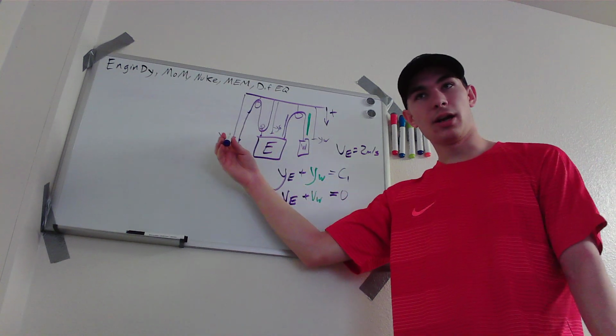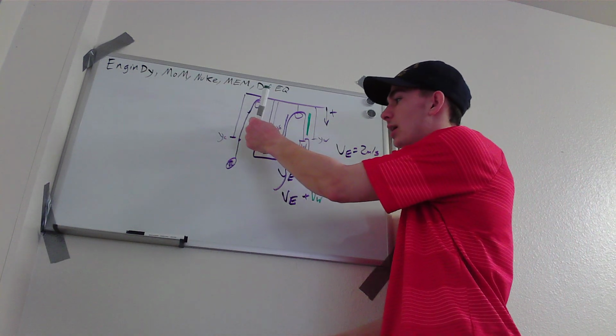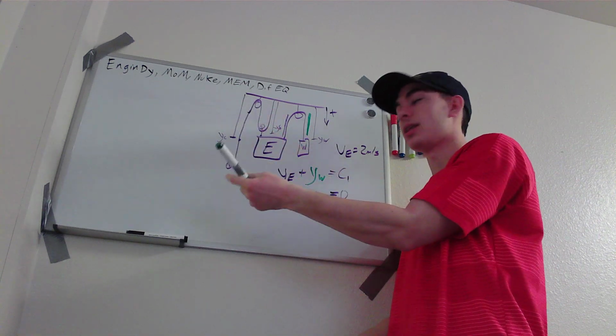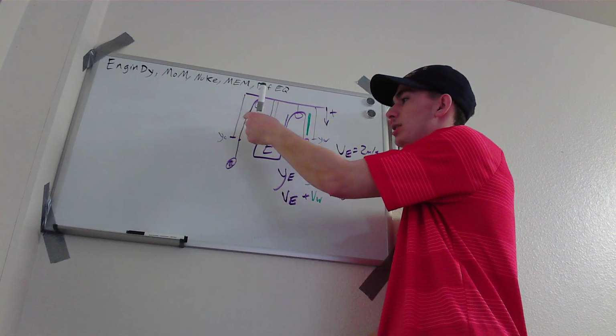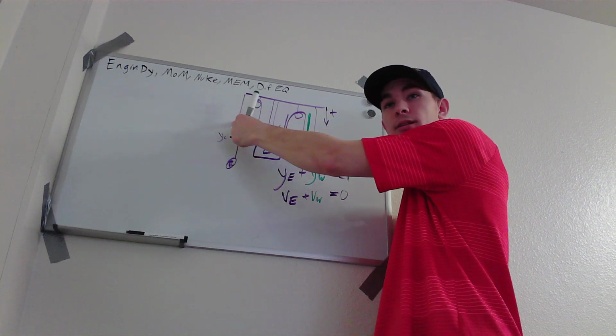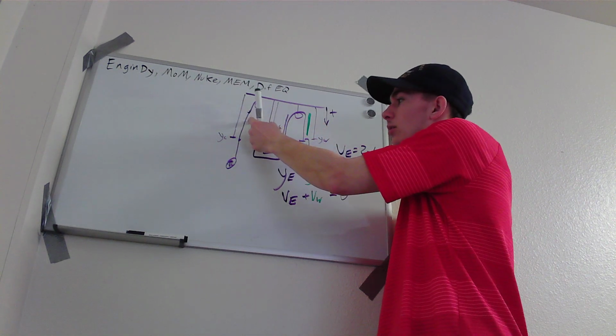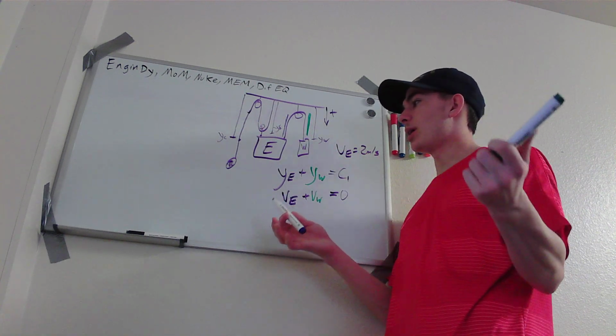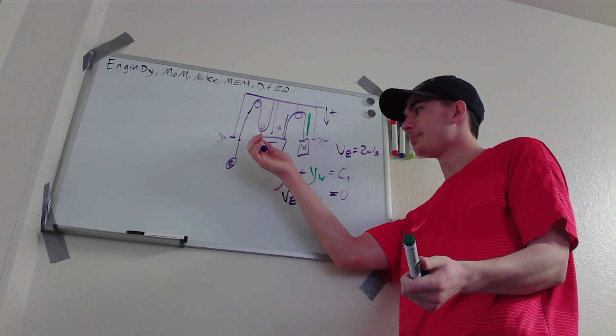Same thing over here, except if you want to know how fast the winch is pulling, you would say, okay, how fast is this winch pulling? Well, we have 1 YC right here, 2 YE, because these are attached to the elevator. So we have 2 YE here.